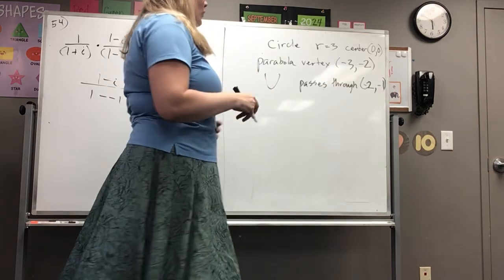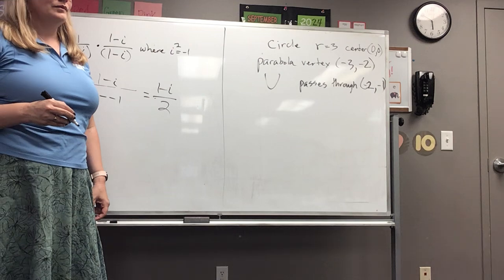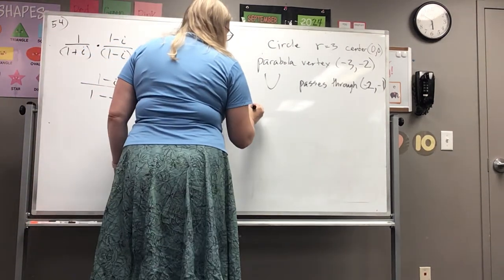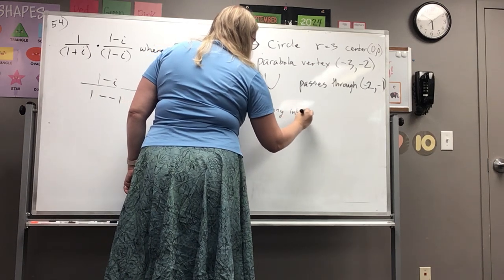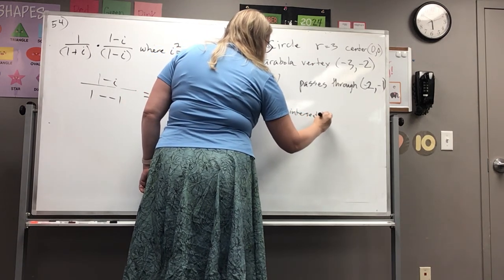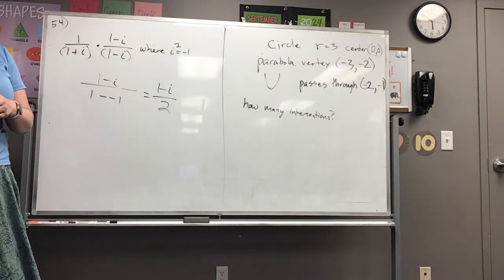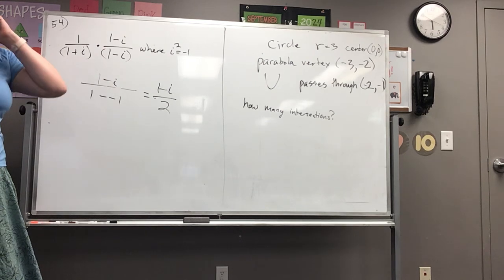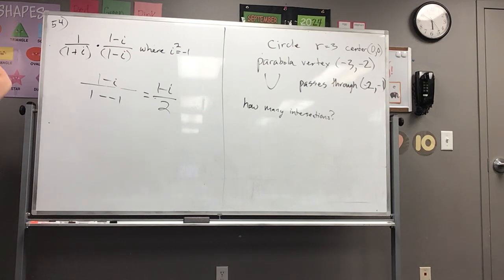How many crossing points would there be? Two.